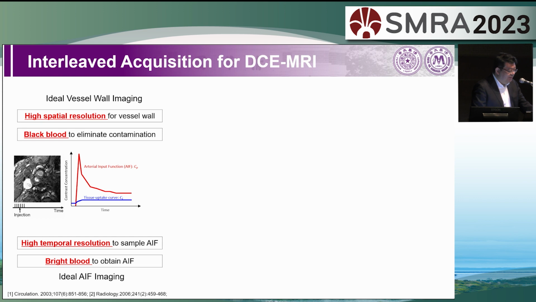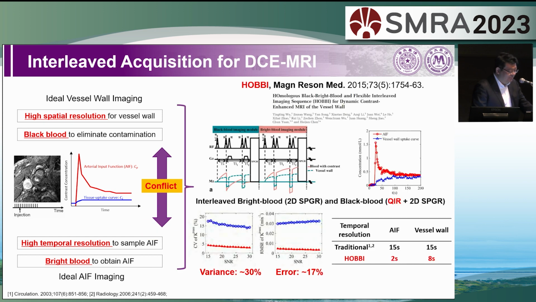And we also need black blood to eliminate the signal contamination from the lumen. But for ideal AIF imaging, we need a high temporal resolution to sample the fast-changing AIF. Second, if we want to extract the AIF from each patient, we need bright blood. So this is a conflict. How do we deal with that?